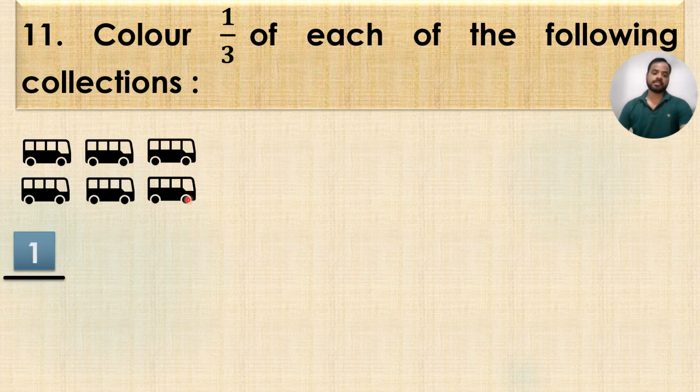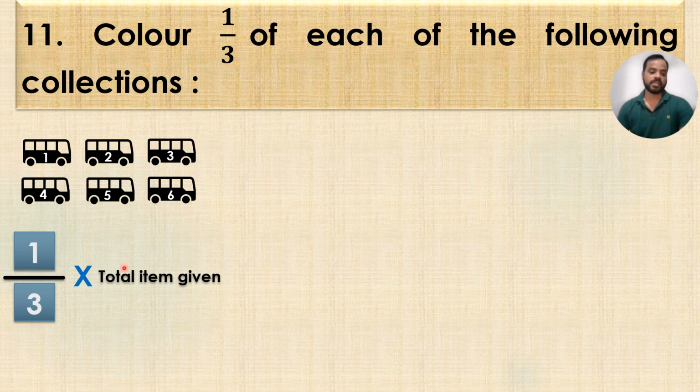So let us see 1 by 3 of the total items given. What is the total number of items given? We are given 6 buses. So the total item is 6.